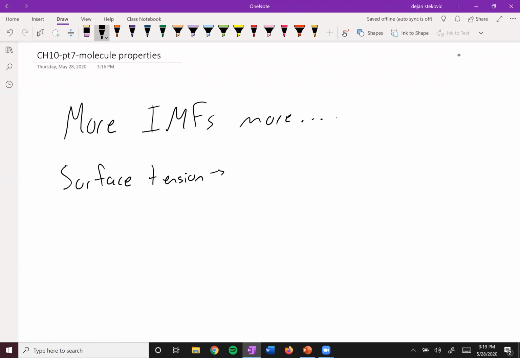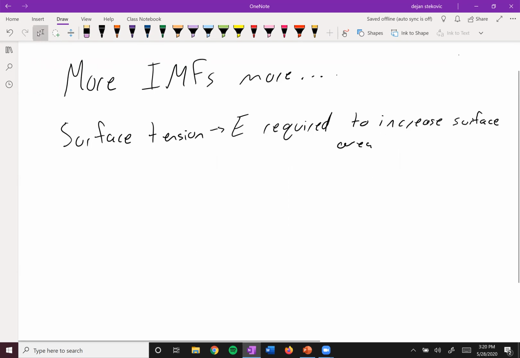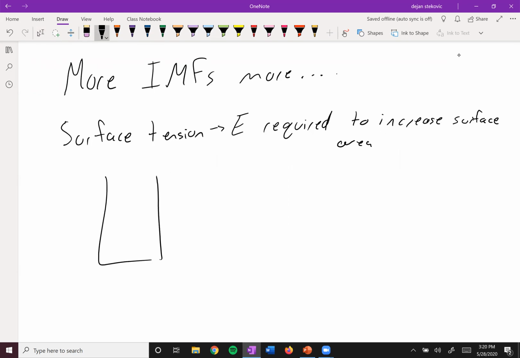Surface tension is defined as the energy required to increase the surface area. The way I like to think about it is you have this cup of water here, and there's a certain amount of surface area this cup of water has.